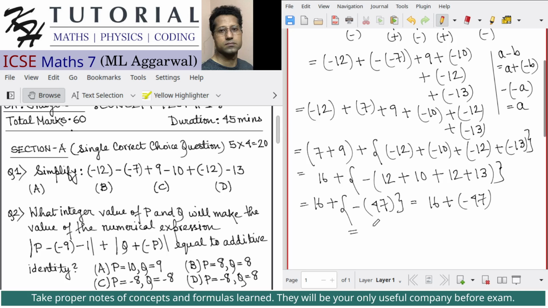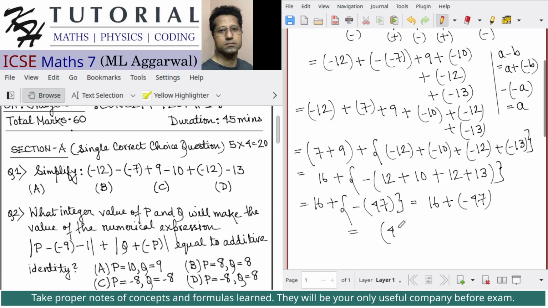So now we have to add two integers where one is negative and one is positive. Positive is 16 and the negative integer is minus 47. So we know that we subtract the numerically smaller integer from the numerically greater integer. In this case, the numerically smaller integer is 16 and the numerically greater integer is 47.